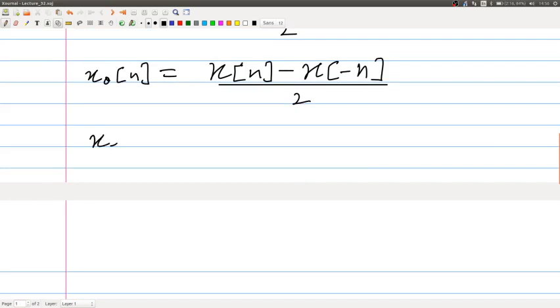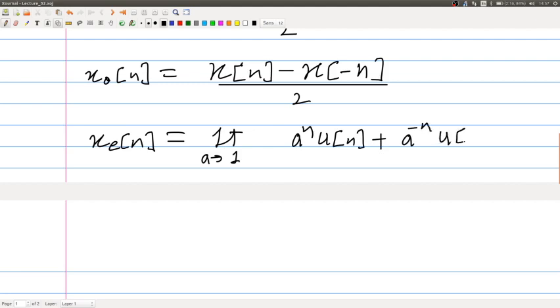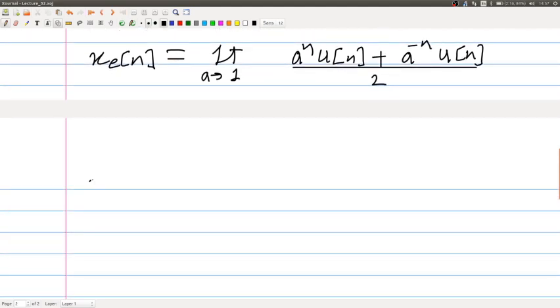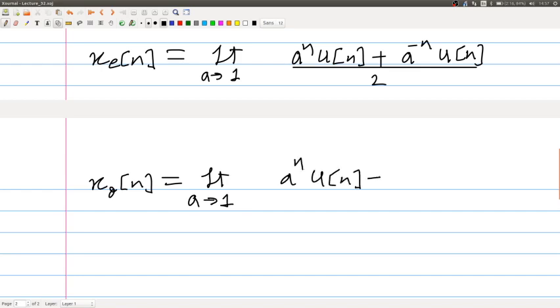In this particular example, I can write x even of n as the limit a tending to 1 of a to the power n u of n plus a to the power minus n u of minus n, divided by 2, and similarly I can write x odd of n as the limit a tending to 1 of a to the power n u of n minus a to the power minus n u of minus n.